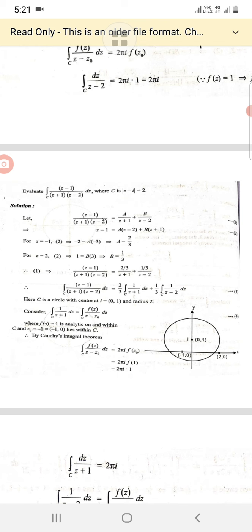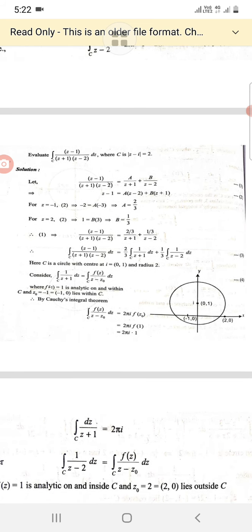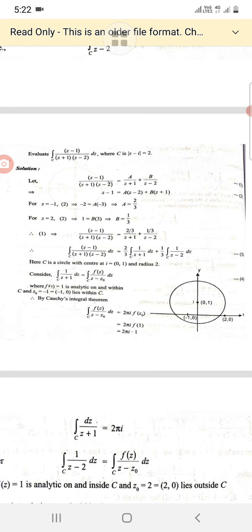We get a equal to 2 by 3 and b equal to 1 by 3. Therefore, the integral of z minus 1 divided by z plus 1 into z minus 2, dz, is equal to 2 by 3 the integral of 1 divided by z plus 1 dz, plus 1 by 3 the integral over C of 1 divided by z minus 2 dz.